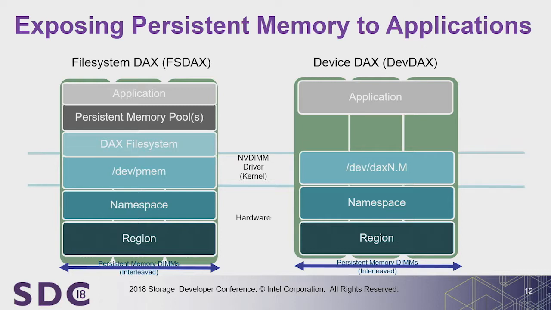The other way for an application to access persistent memory is through device DAX. Again, there is no file system involvement here. You get direct access to the device that is created in device DAX mode.